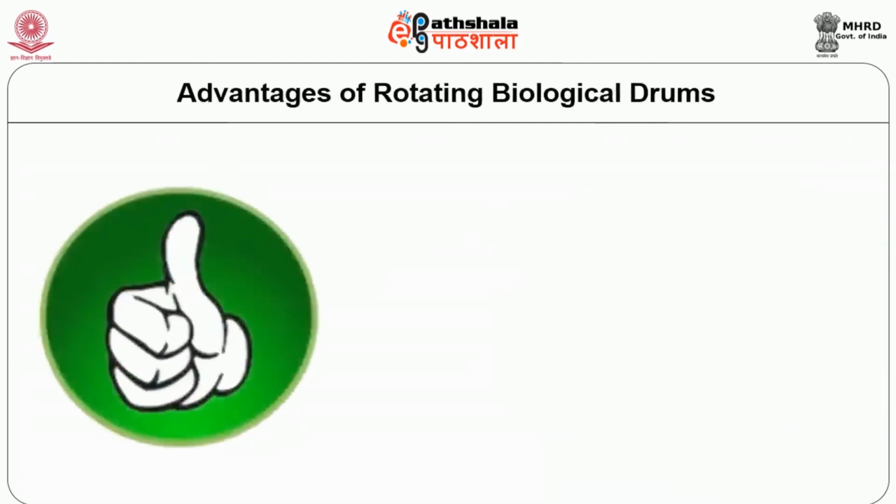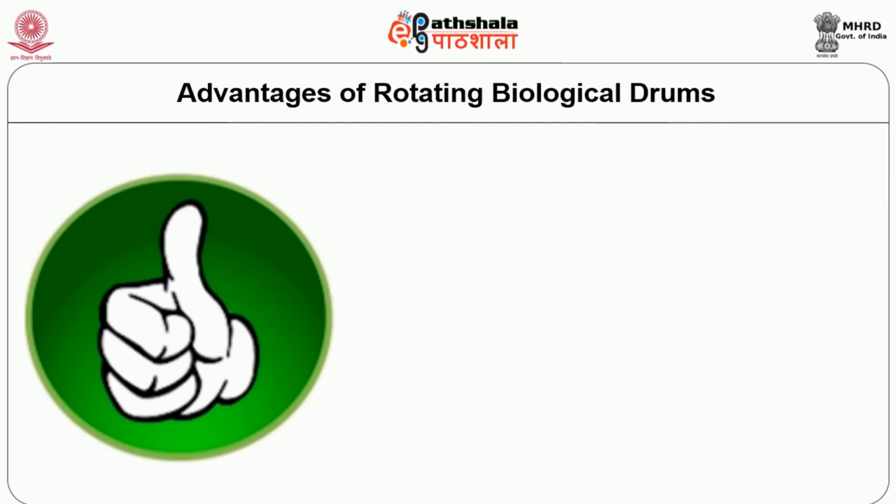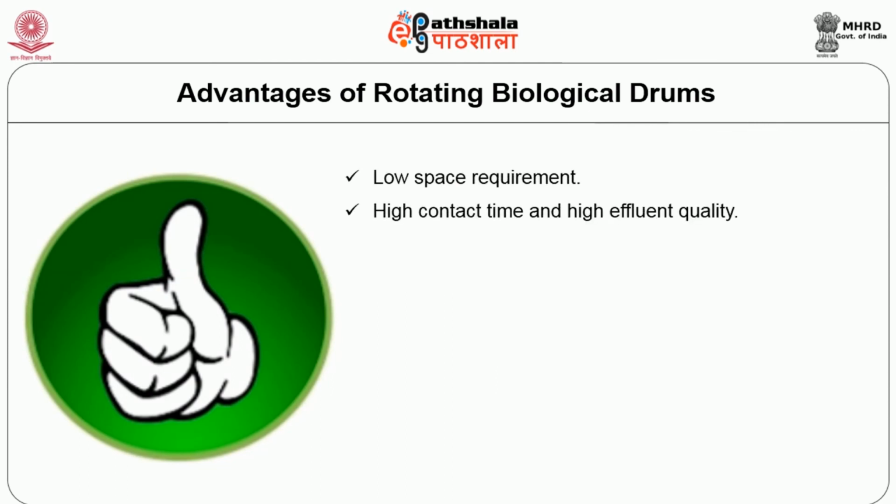Now we'll see what the advantages are of going for this RBC, that is, rotating biological contactors. They require very little space. They have a high contact time with the effluent, and so the effluent quality is also high, both in terms of BOD as well as nutrients.